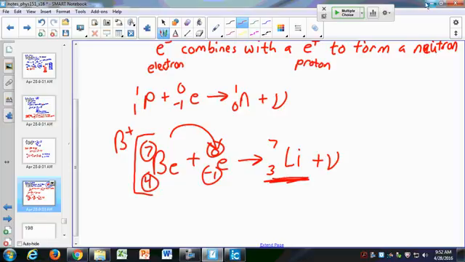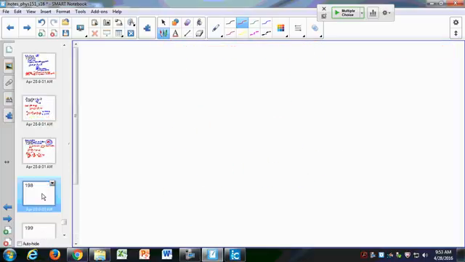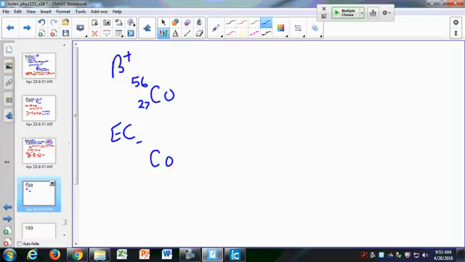All right. Notice your book points this out, that your beta plus and your electron capture can produce the same daughter nucleus. Just for example, let's say I start with cobalt 56. I can have 2 things.